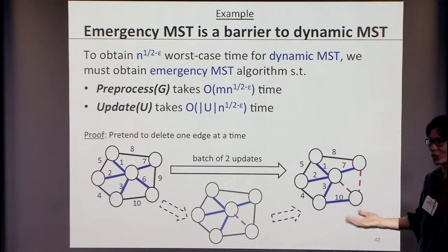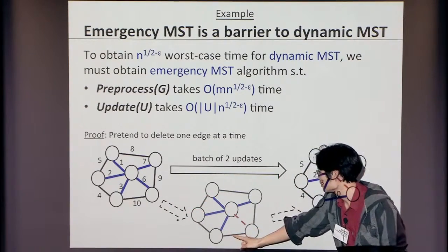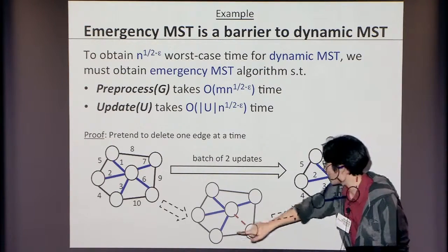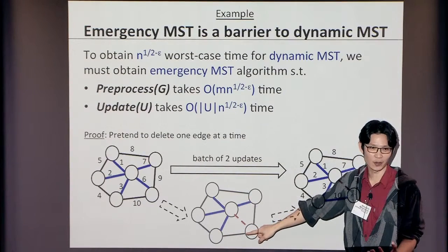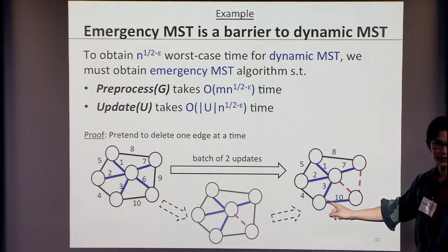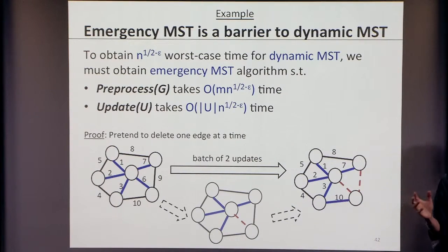So instead of having 2 updates, you just imagine that you have one update in between, and then this update. To handle this update, you just run the dynamic algorithm. And then for another one, you run another dynamic algorithm, another update. So you just need update time times the number of updates.